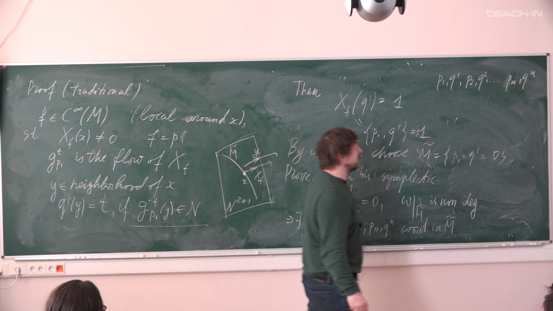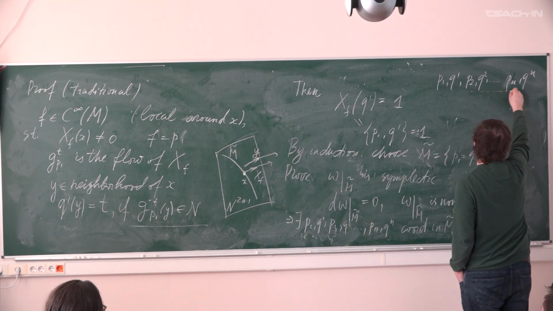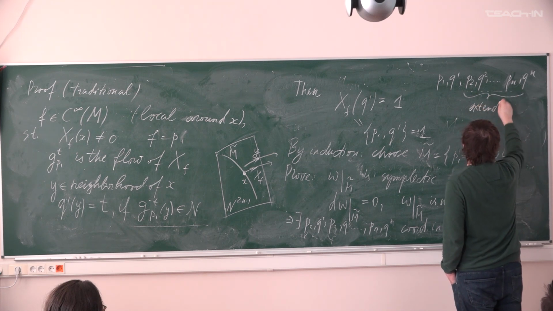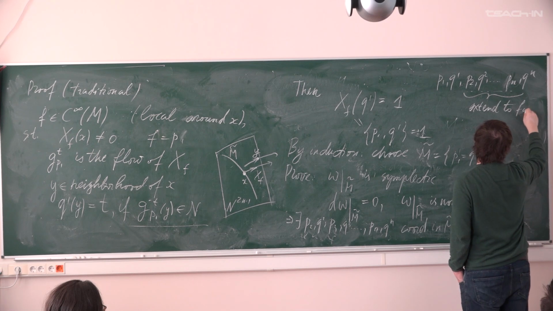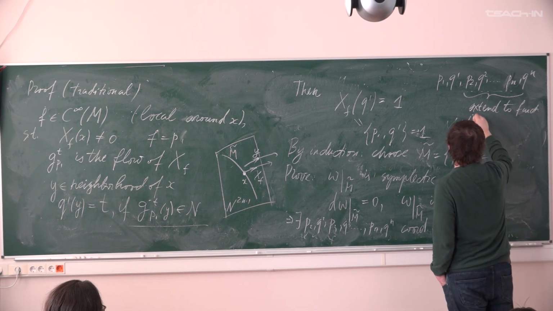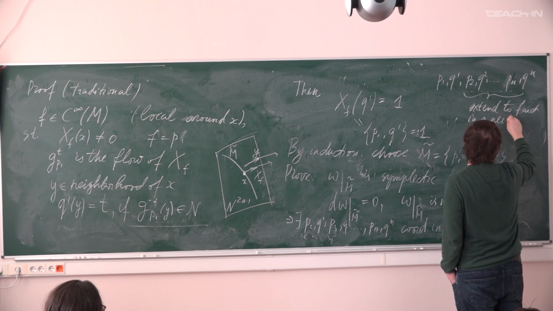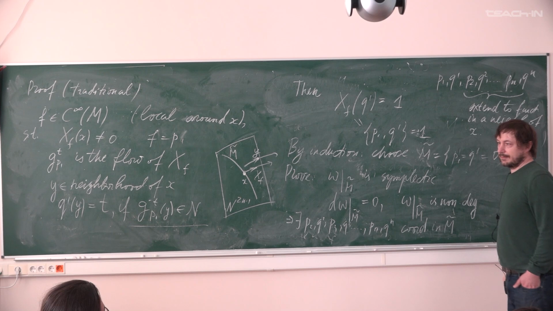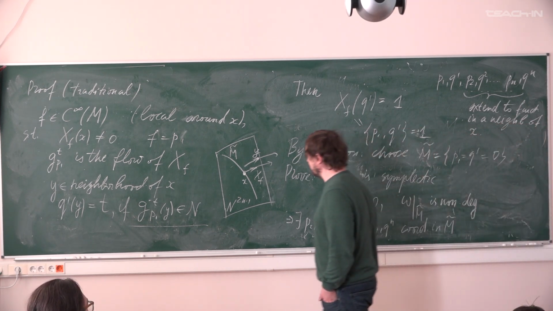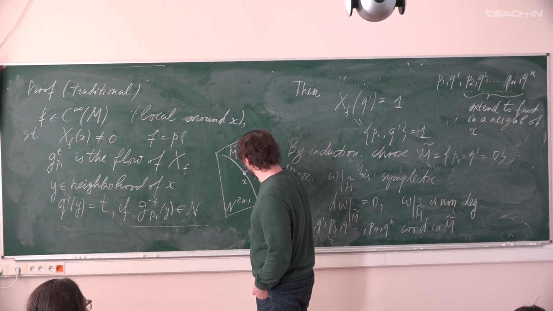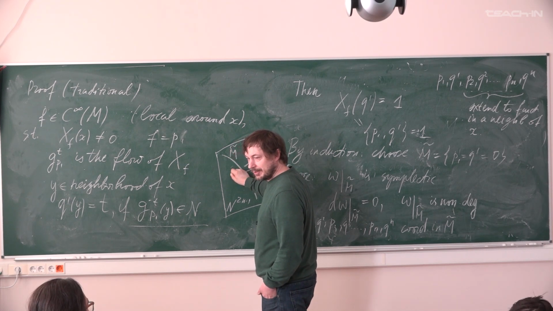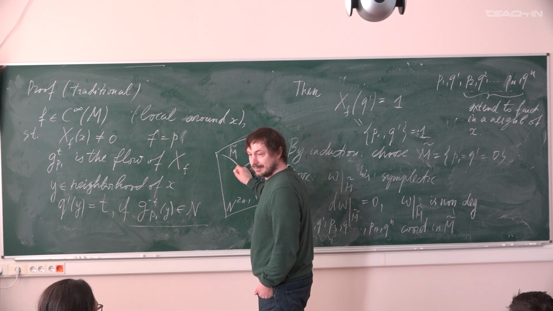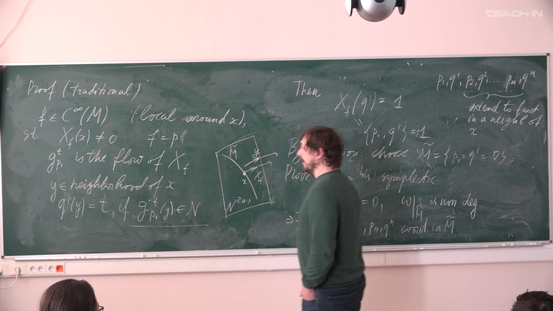And this allows you to extend these coordinates to functions in a neighborhood of x. Right, so you need to be careful. You need to first project any point in the neighborhood to N, and then project any point to M tilde, using the trajectories of p1 and q1.